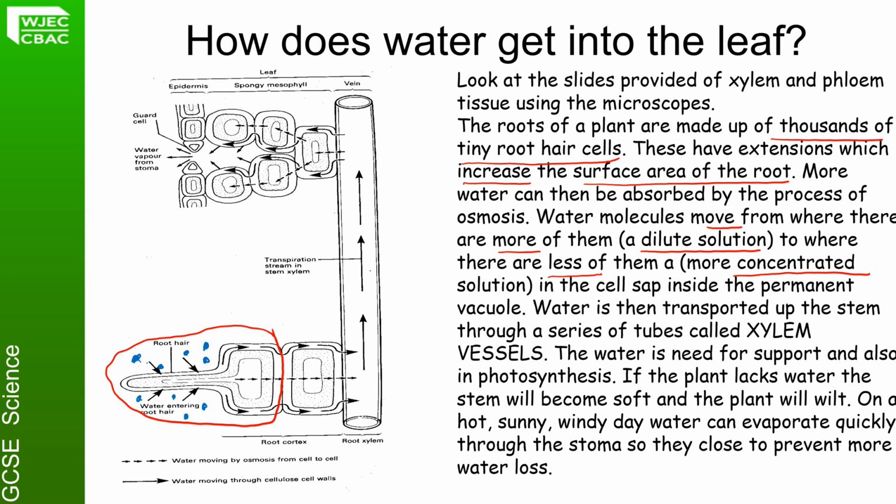I've drawn ten. We might have only two or three water molecules in our vacuole. So water molecules are going to move through the cell wall and the semi-permeable cell membrane from a high concentration to a low concentration by osmosis.